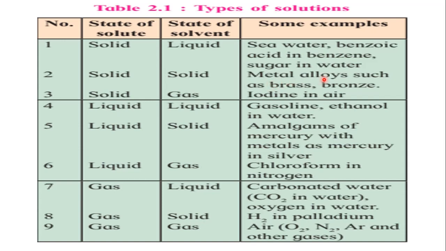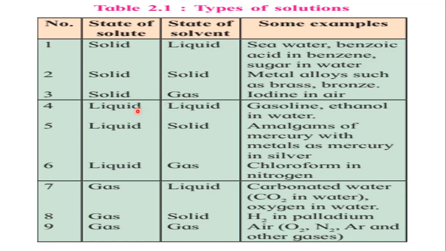All these are the metal alloys. Examples of solid in solid. Both are in a solid state. Then solid in gas. It is an example of gaseous solution. Solid in gas. Smoke. That is carbon particles are present in air. So here solid in gas, or iodine in air, naphthalene in air, camphor in air. All these are the examples of solid in gas.